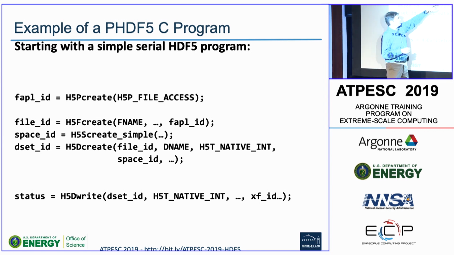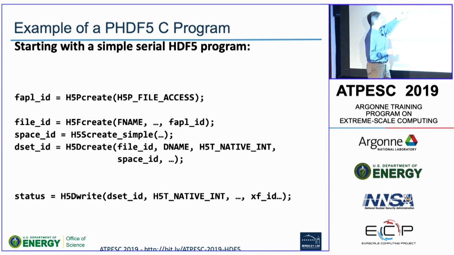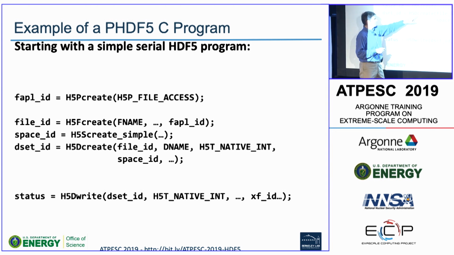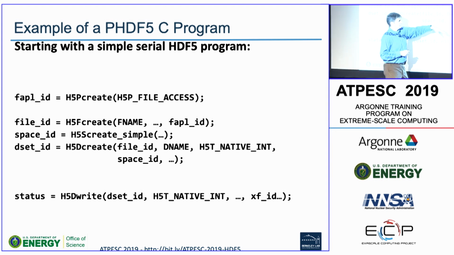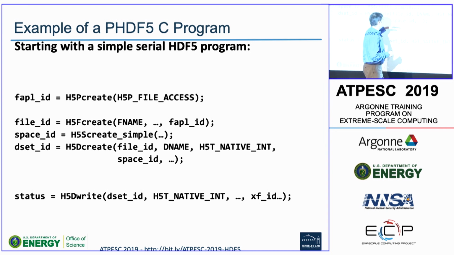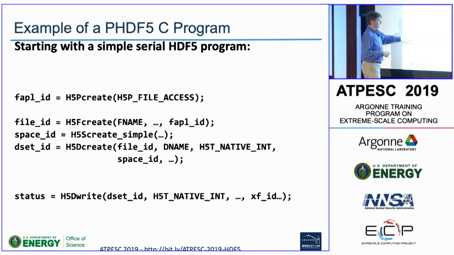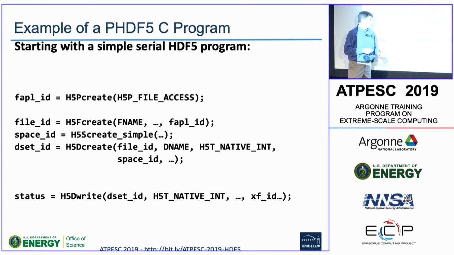So you're gonna go create your file, you give it whatever file name you want. Here's that place where you gotta go describe your array to me, and I'm gonna go create a data set, and it has a native integer type, and that's the data space that we created earlier. And then we go off and we write an array down into this file.